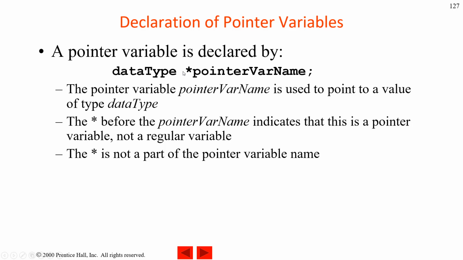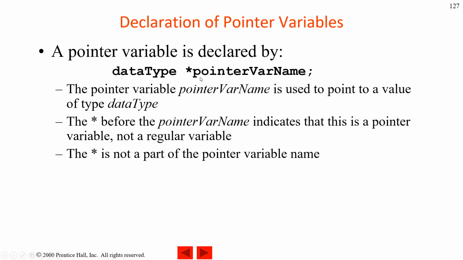It does not mean that asterisk is part of the name of the variable. No, it's not part of the name. The name of the variable is pointer var name. This asterisk just simply denotes that it's a variable that can contain a pointer.